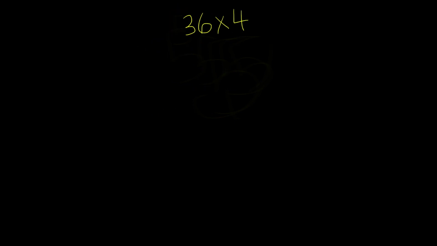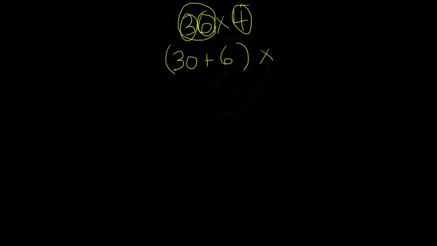Now, let's do this problem, 36 times 4, and I want you guys to try this on your own. So, our first step is to break up this 36, and how do we do that? We do 30 from the 3 plus 6 from the 6, and we multiply this with 4.